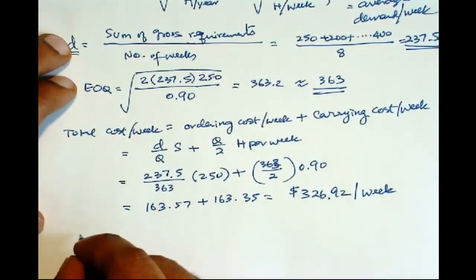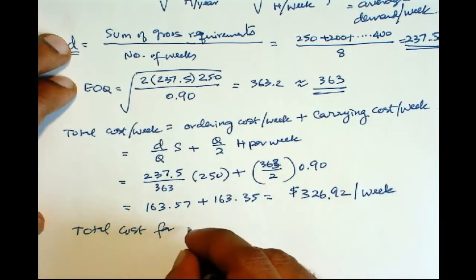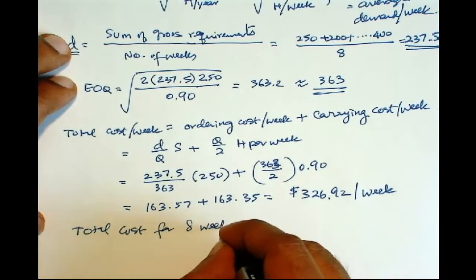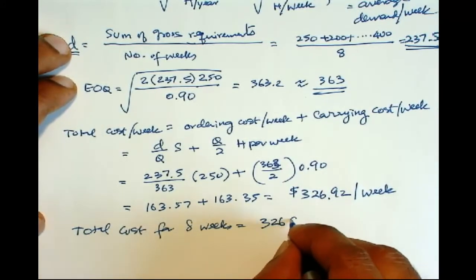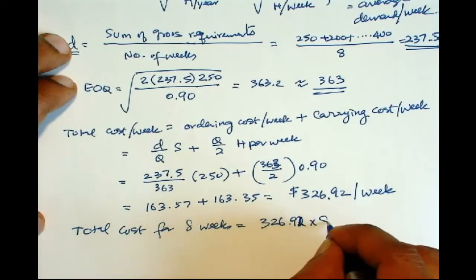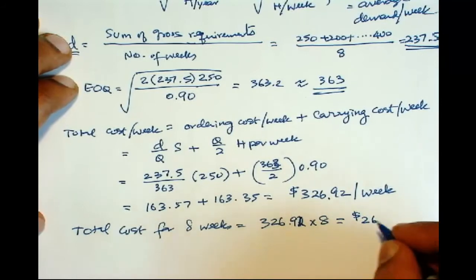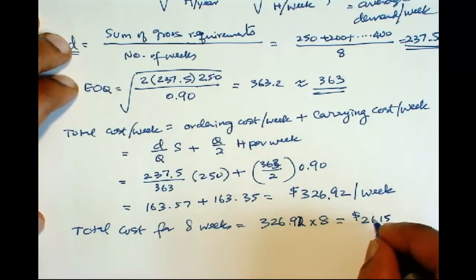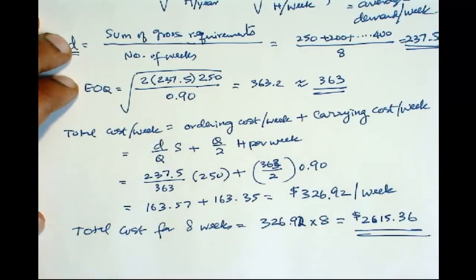So total cost for 8 weeks, which is the horizon that we are working with, is 326.92 times 8. So that will give us 2615.36.